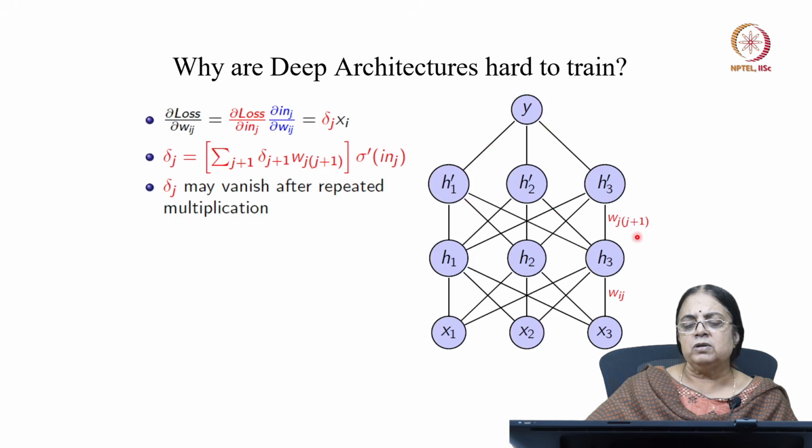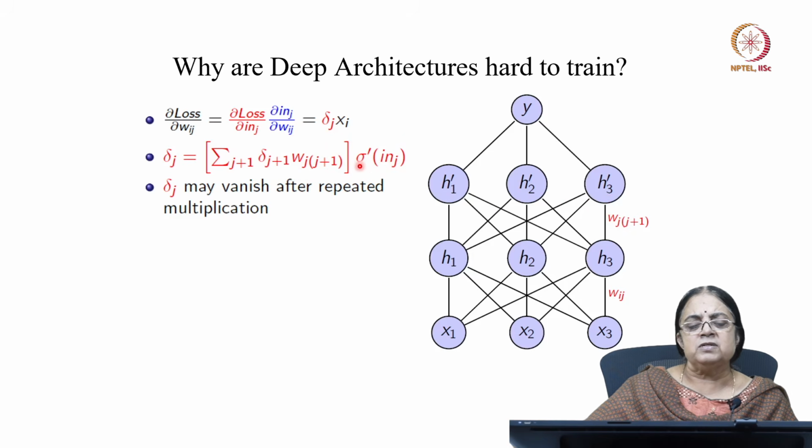Now if you go to the next level, what you find is your delta j will be a sigma of delta of j plus 1, which will be small anyway. So this will become even smaller, and you are multiplying by the derivative of the activation function.